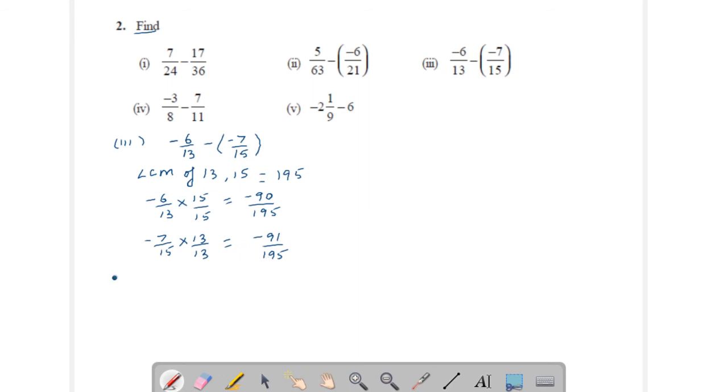Therefore, minus 90 upon 195 minus minus 91 upon 195.